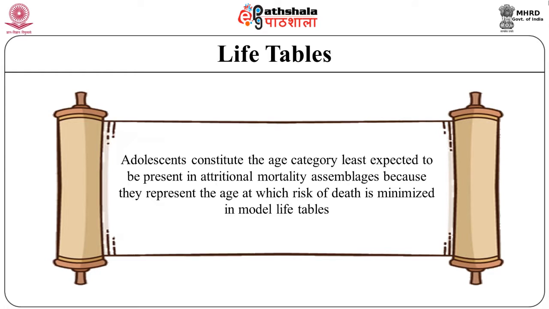Adolescents constitute the age category least expected to be present in an attritional mortality assemblage because they represent the age at which risk of death is minimized in modern life tables.